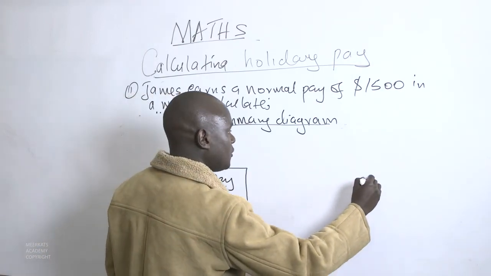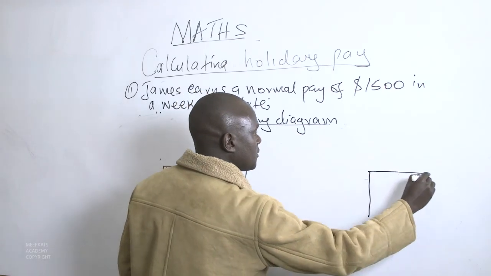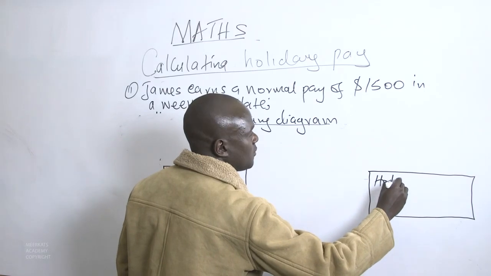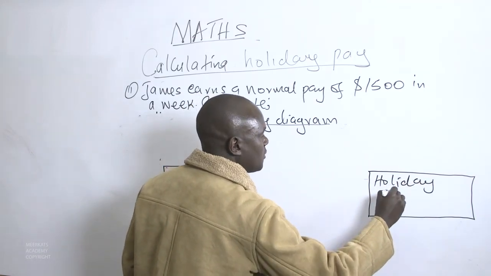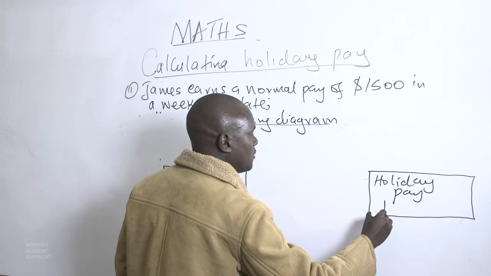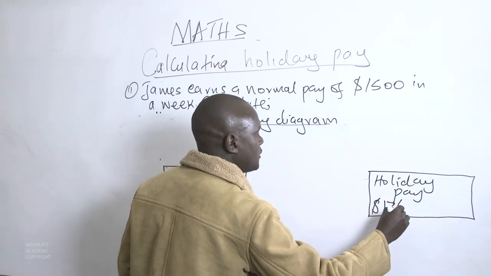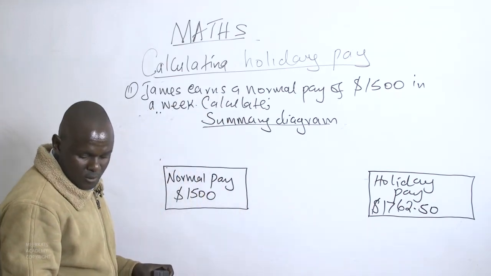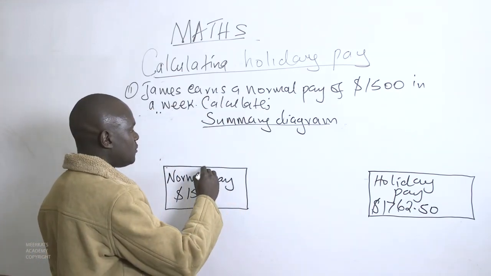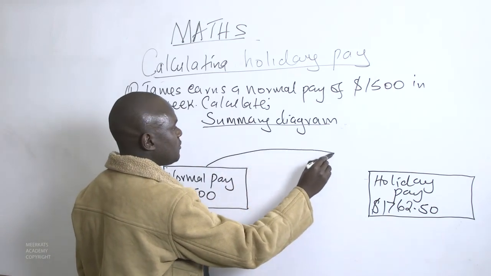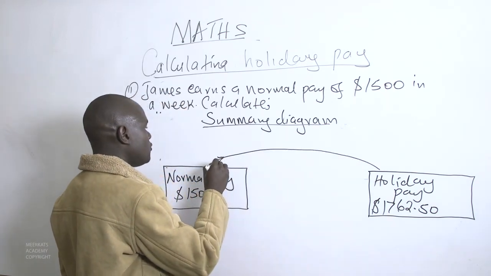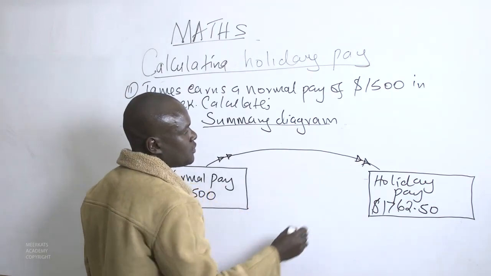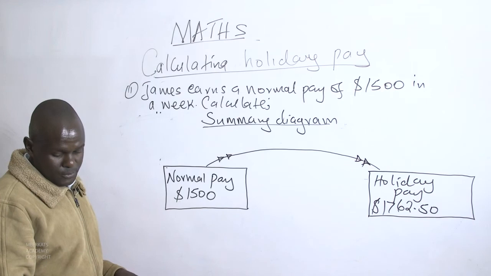And for us to get the holiday pay, which is $1,762.50, we need to take this particular route. How do we achieve these results here, as indicated by the arrows?